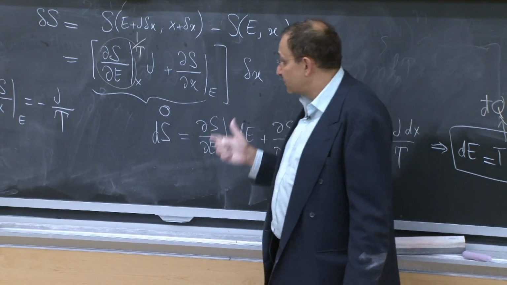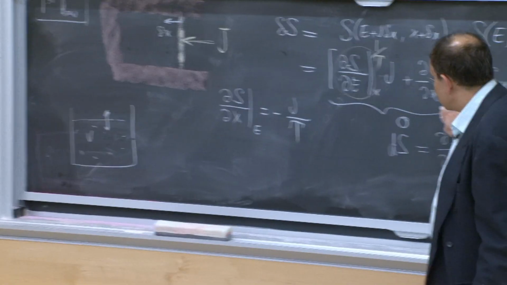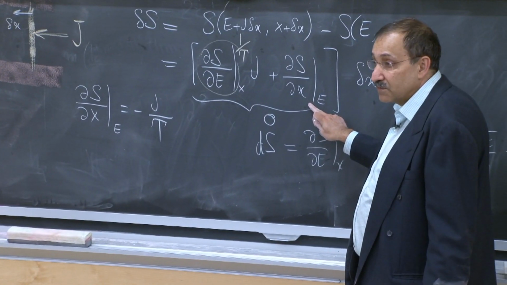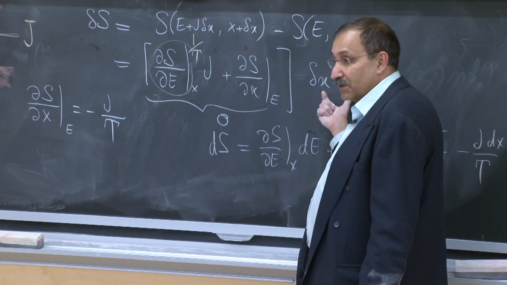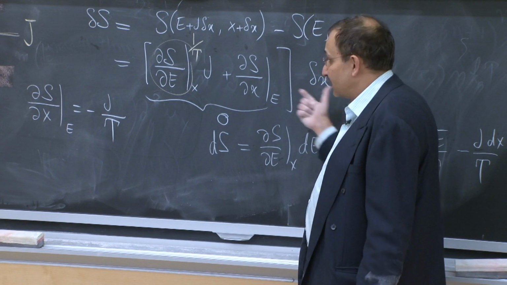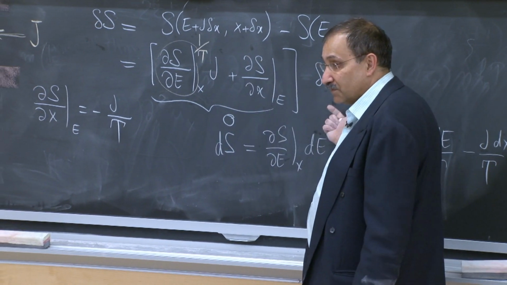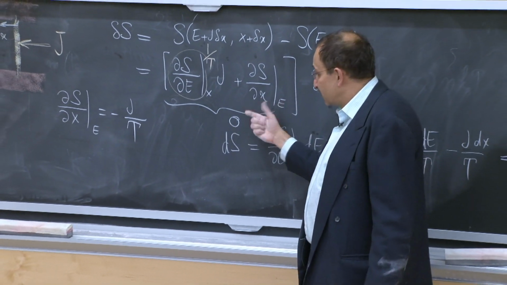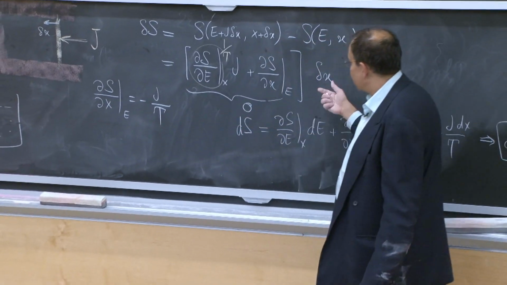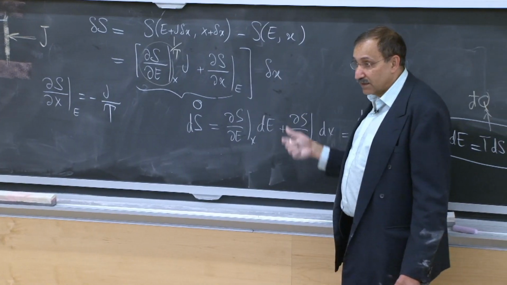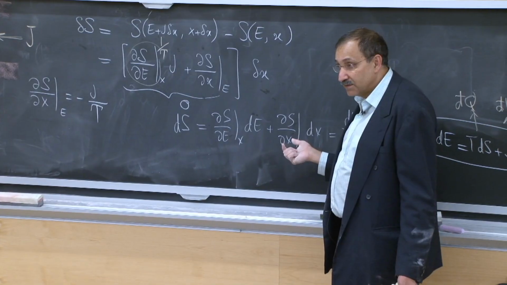If it is not 0, if this quantity is, let's say, positive, then I will choose a delta V that is positive, and then delta S will become positive. If this quantity happens to be negative, then I will choose a delta V that is negative, and then delta S would be positive again.